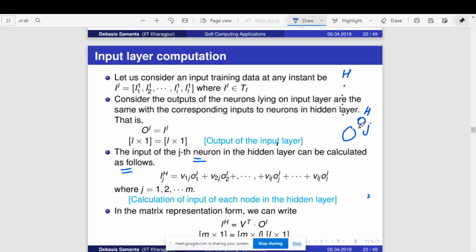What will be its input? Where should its input come from?